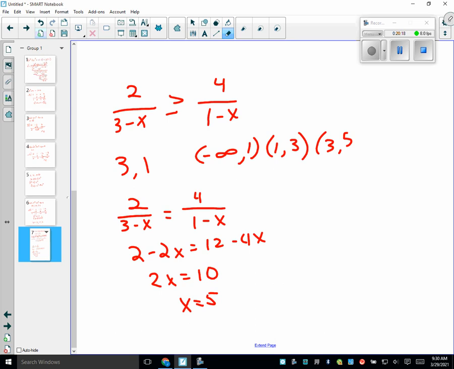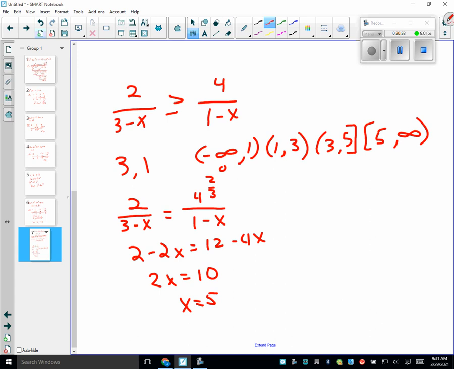Bracket. Because it's in. And 5 to infinity. Right?